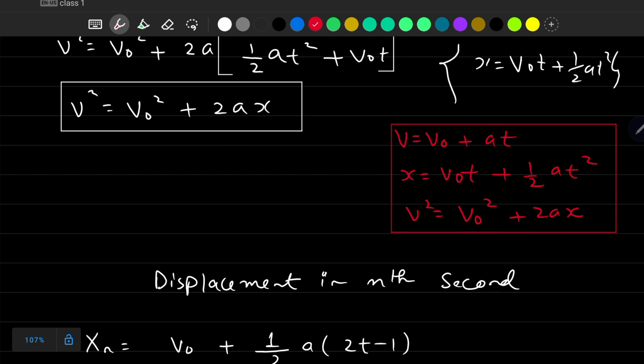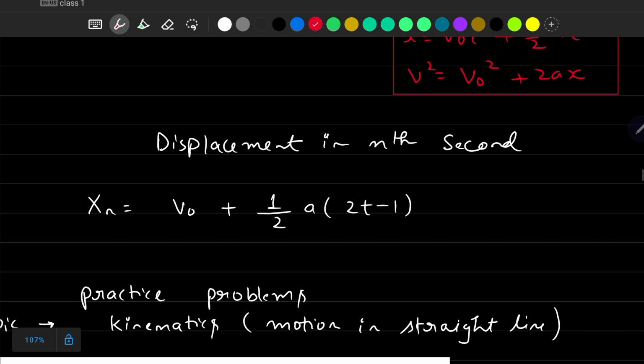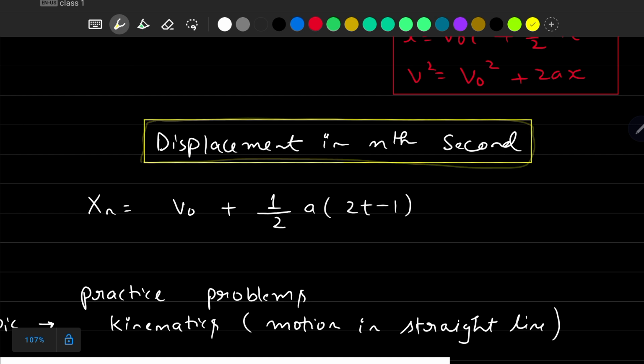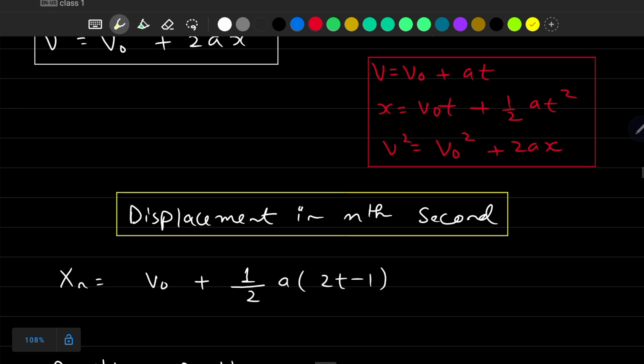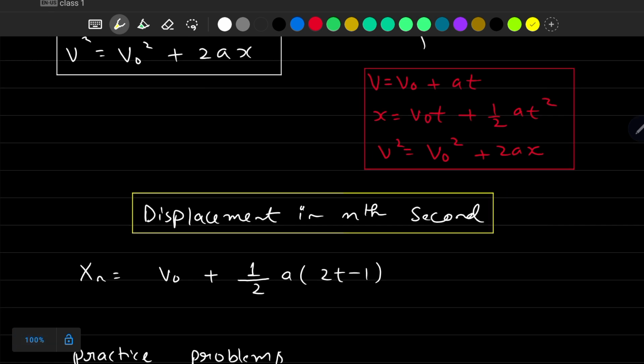Now there is a separate formula which you should remember, that is how to find displacement in the nth second. You can say, sir, we already know how to find displacement from the second equation, so why is there a need for another formula?